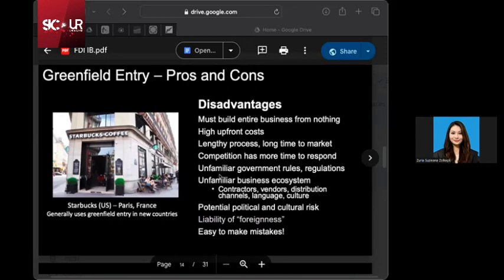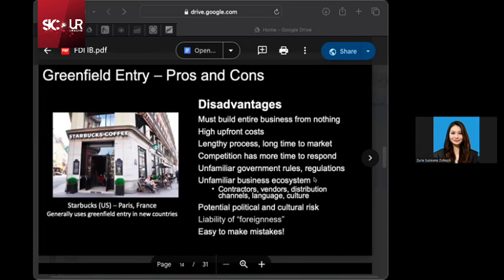Okay, in terms of marketing, in terms of branding, in terms of market share. So you have to make sure people know you first. Introduce yourself first, even though you are not there, but make it available, make people know you first. Okay, and then unfamiliar government rules, regulation. So another thing is, if you build up from scratch, if you have partners, there are local people who can guide you always.